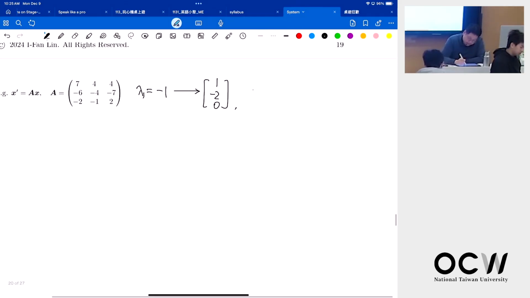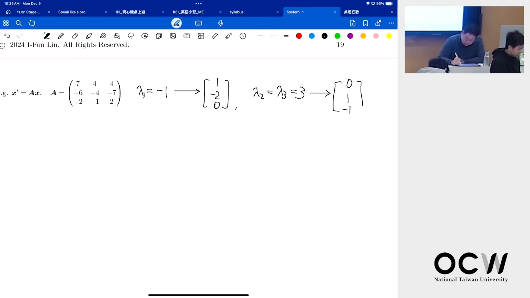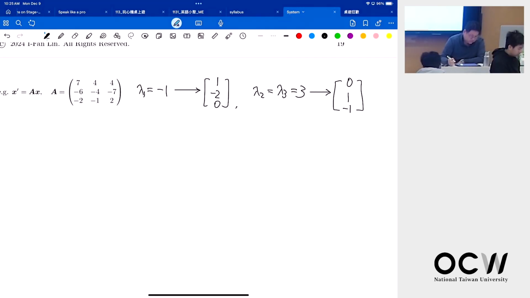The other two eigenvalues are repeated; they are both 3. And you can only find the eigenvector 0, 1, -1. And you cannot find another one.